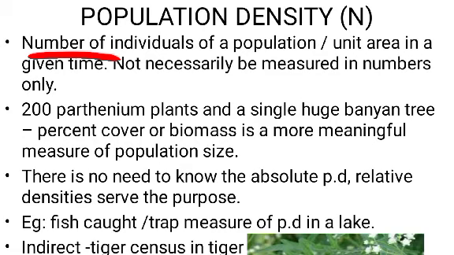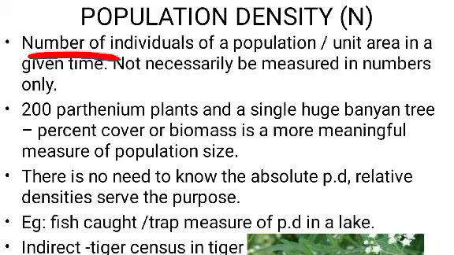Counting the number of banyan trees and Parthenium plants will not give us a meaningful population density, isn't it? Because the banyan tree is single, but it extends over a very large area. It has a large canopy, isn't it? But the number is very low, only one banyan tree. But Parthenium, 200 are there.